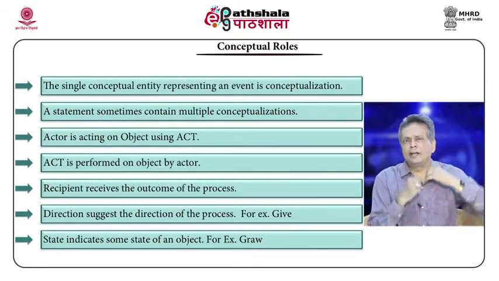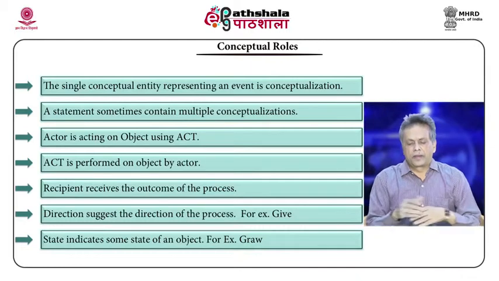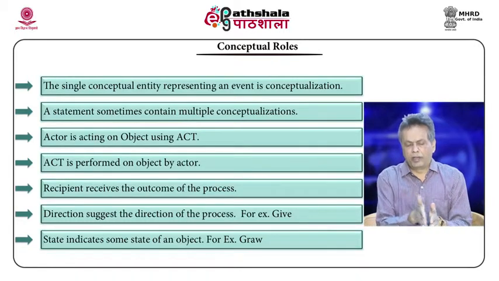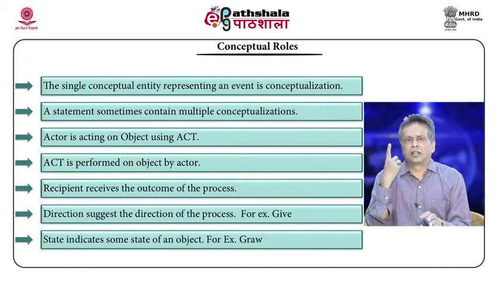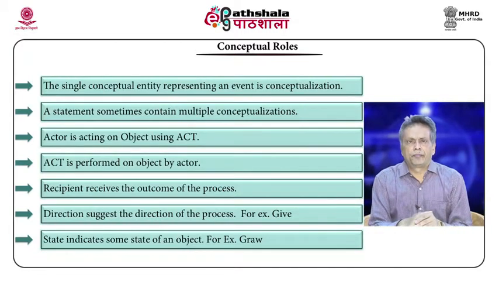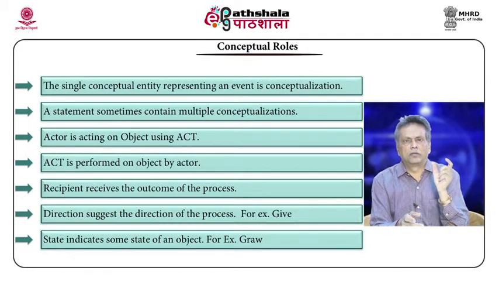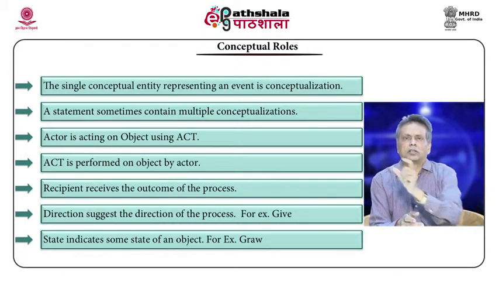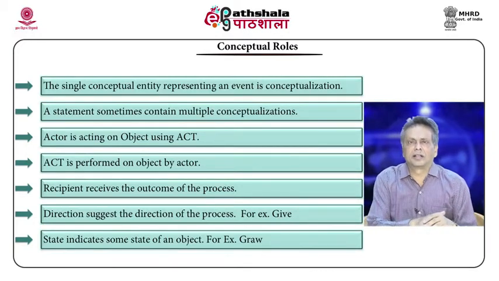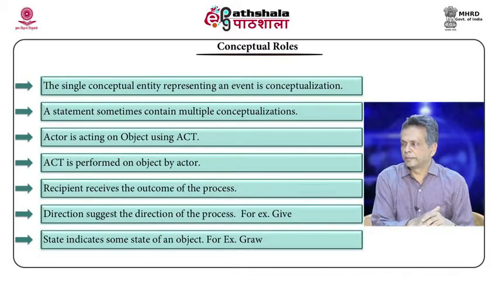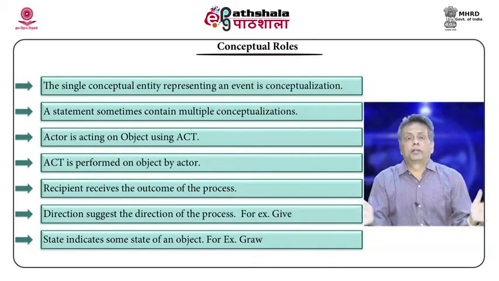A single conceptual entity represents the event. For example, when I say Milkha Singh P trans, that is called a single conceptualization. When we talked about predicate logic, we used a structure and we called that thing a predicate. Here we call that thing a conceptualization.